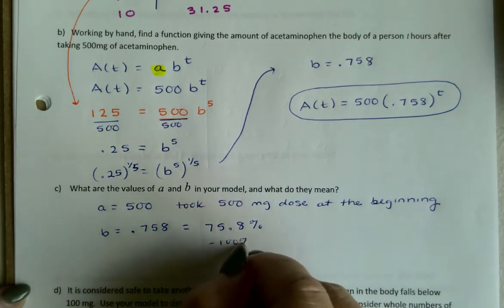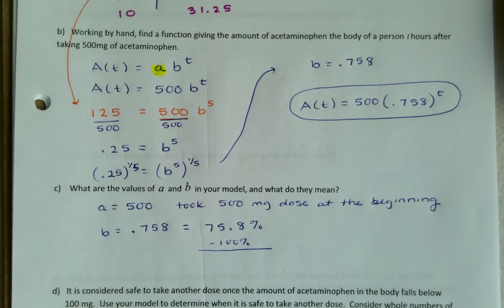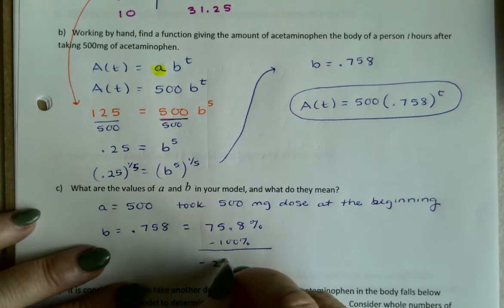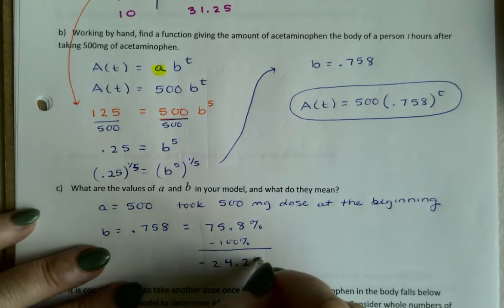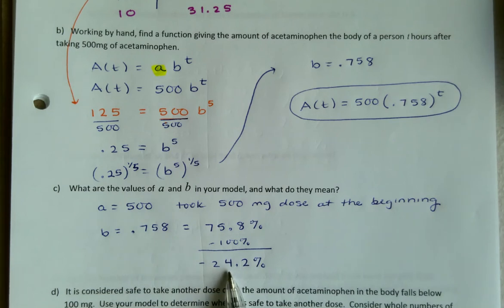Subtract the 100% that we actually started with. What is that? Negative 24.2%. So what this says is my relative rate of change is the negative 24.2%, or in other words, the amount of Tylenol in the body is decreasing by 24.2% per hour.